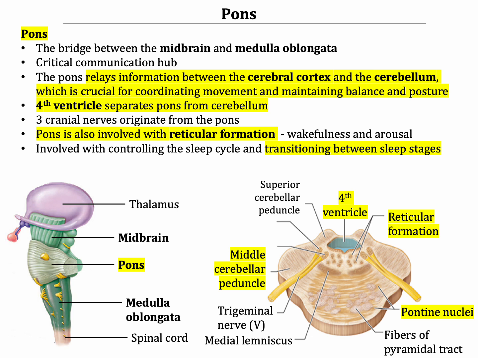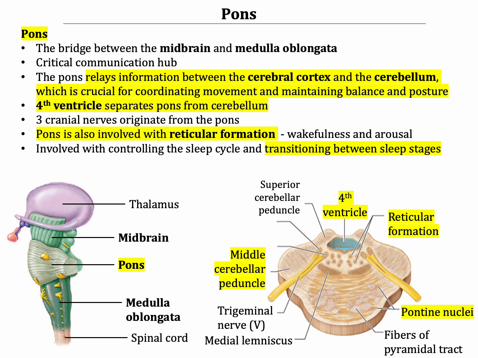When we look at a cross section of the pons, the fourth ventricle is found and it separates the pons from the cerebellum. We have some cranial nerves originating from the pons, and it plays a significant role in something called reticular formation, which we'll talk about, that regulates our state of wakefulness and arousal, and sending sensory information up to the brain.